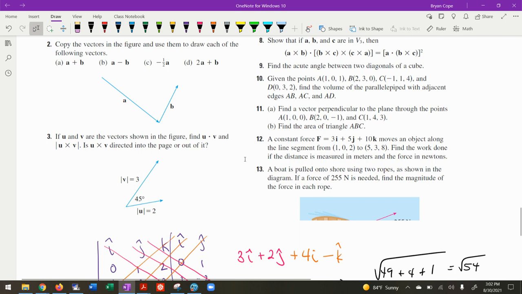A is 1, 0, 0. B is 2, 0, -1. C is 1, 4, 3. Right. Okay. And then a vector perpendicular to the plane. So we're orthogonal to the plane that those points contain.